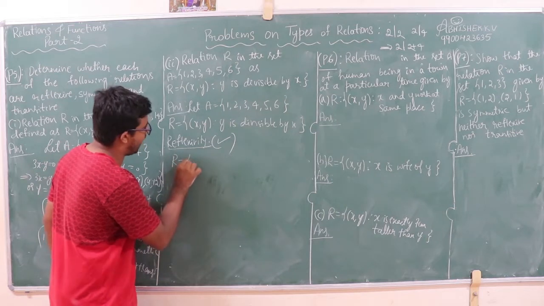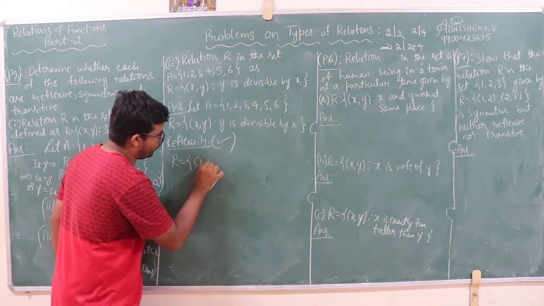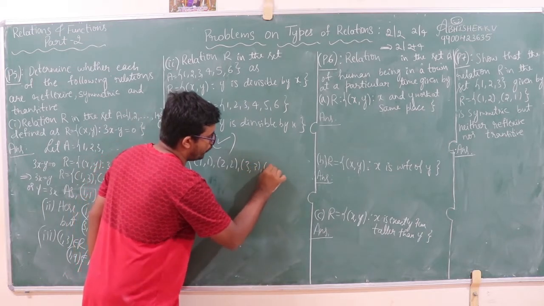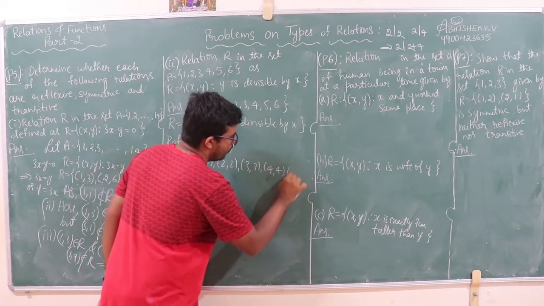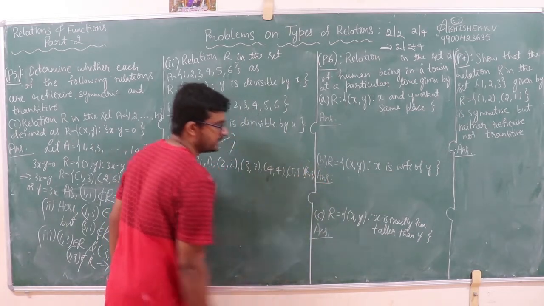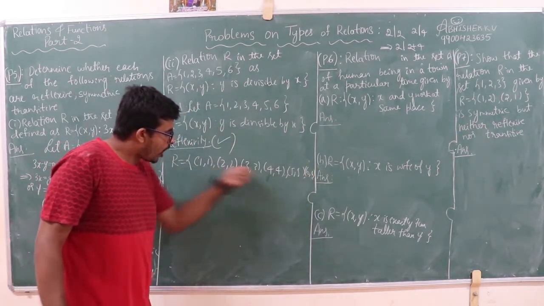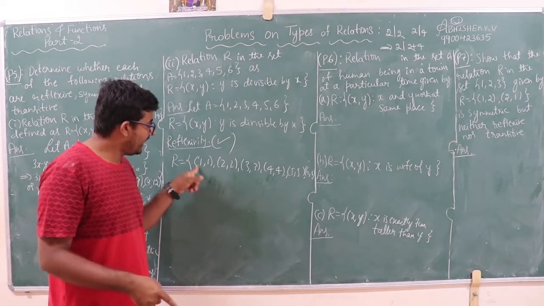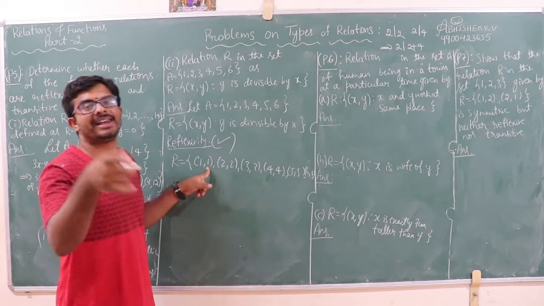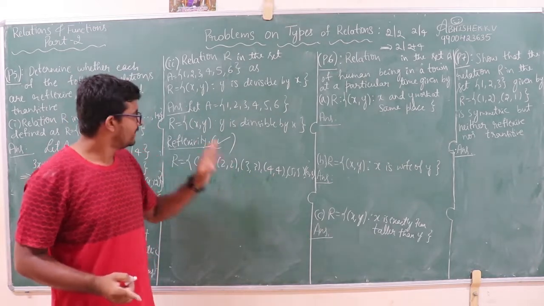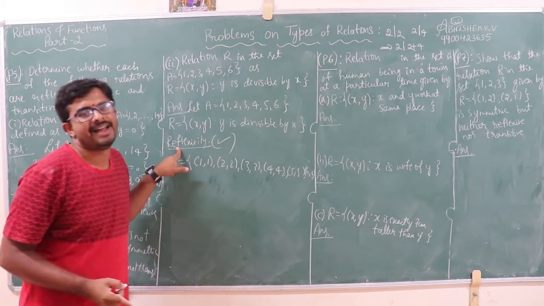This relation R contains (1, 1), (2, 2), (3, 3), (4, 4), (5, 5) and (6, 6). See, this relation contains all these elements, that is the reflexive property, (a, a) belongs to the relation for all a belonging to the given set A. Yes, this proves the given relation is reflexive.